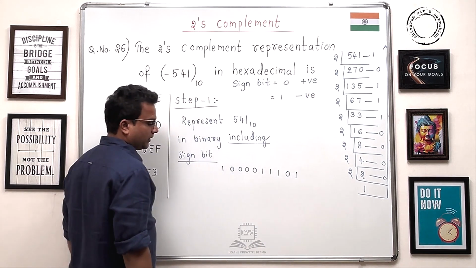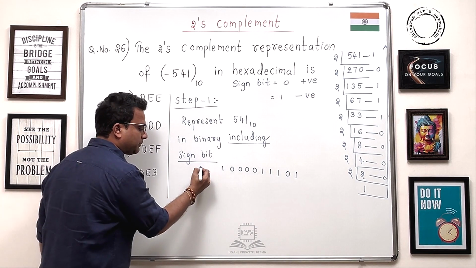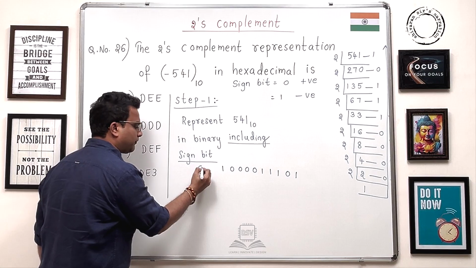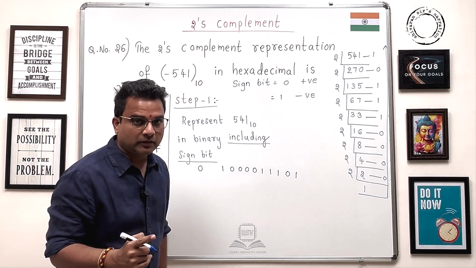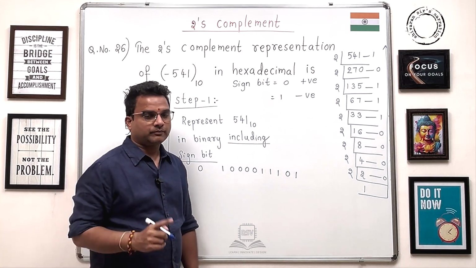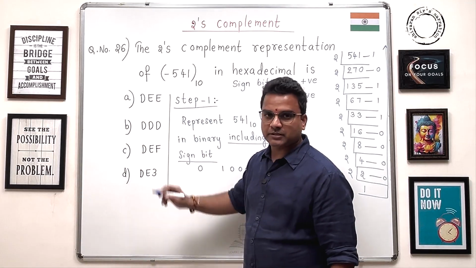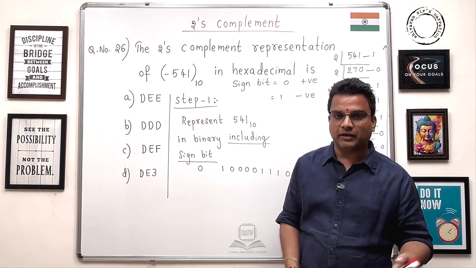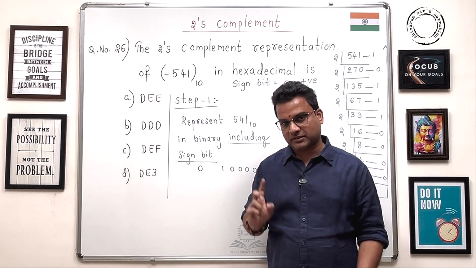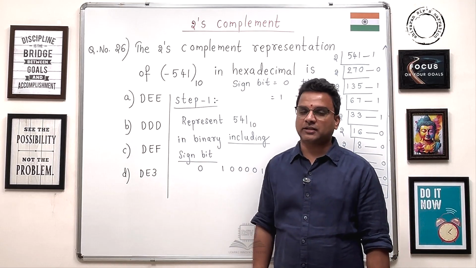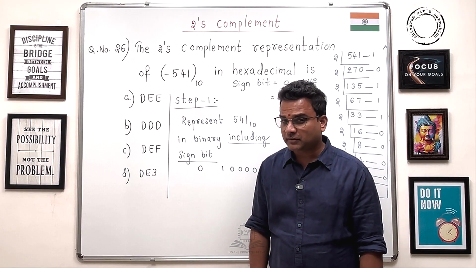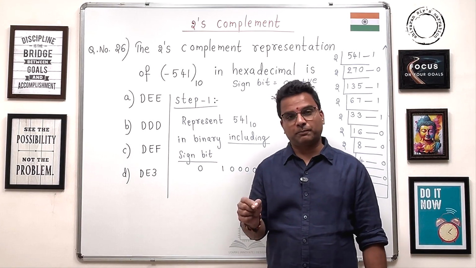Okay, now here we need to take the sign bit. Here there is a noteworthy point: in the options, each hexadecimal digit can be represented in 4 binary bits. 3 hexadecimal digits are there, then how many bits? It has 12 bits.